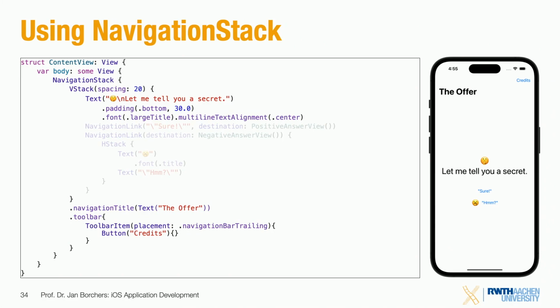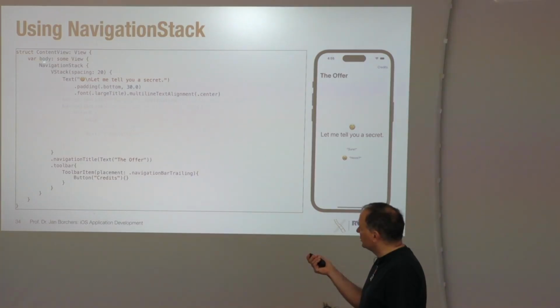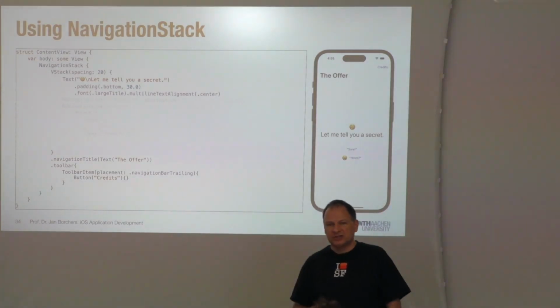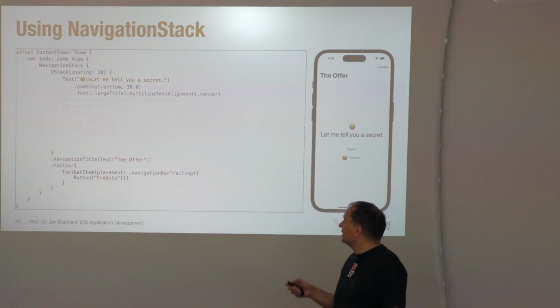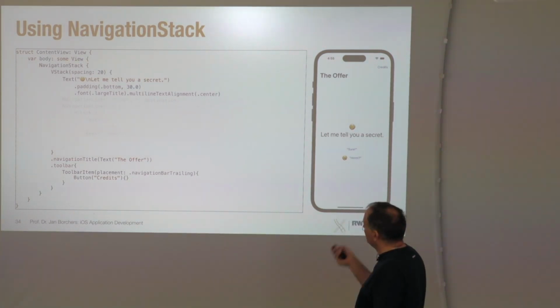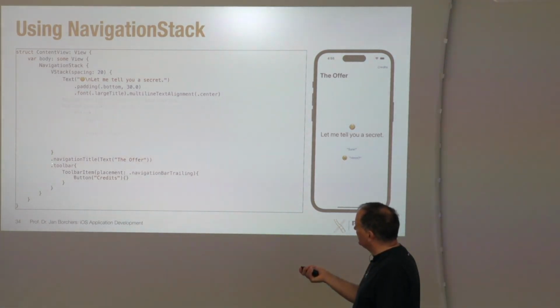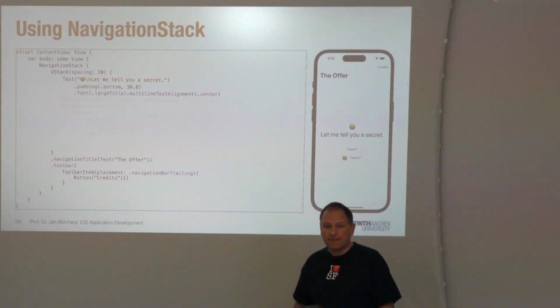The navigation title is actually, as you may notice, not being set in the navigation stack, but it's set inside the VStack. See, this modifier here, .navigationTitle, is actually part of VStack, not of the navigation stack. Any idea why that is the case? Why is the title that I'm displaying up there, which is the offer, why is that part of the VStack and not of the navigation stack?